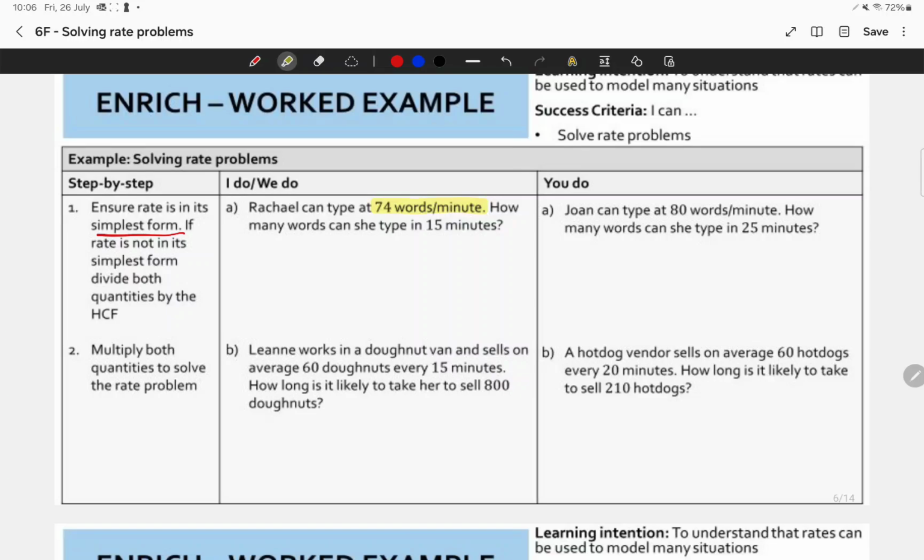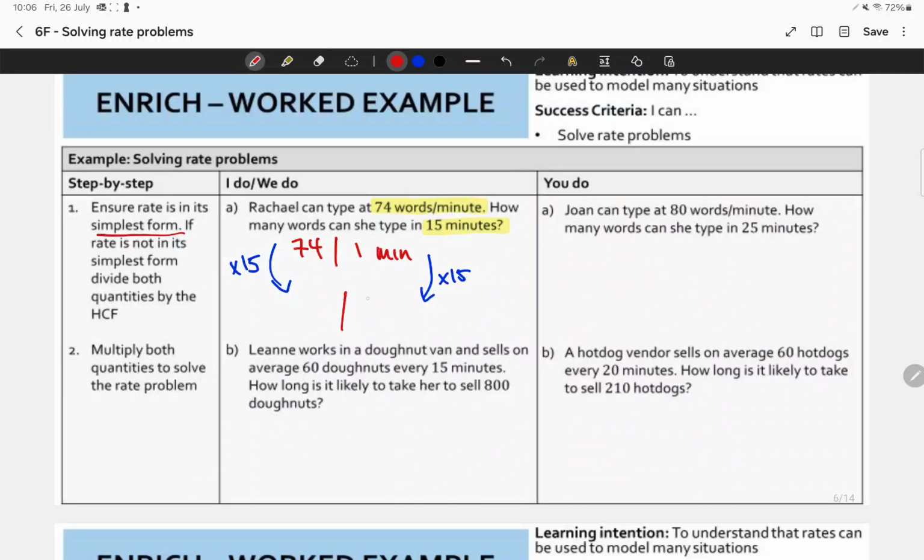And then how many words can she type in 15 minutes, okay? So we had here 74 words per 1 minute. And what we want to do is we want to go to 15 minutes. So we're going to times this by 15 and therefore times this by 15 also, okay?